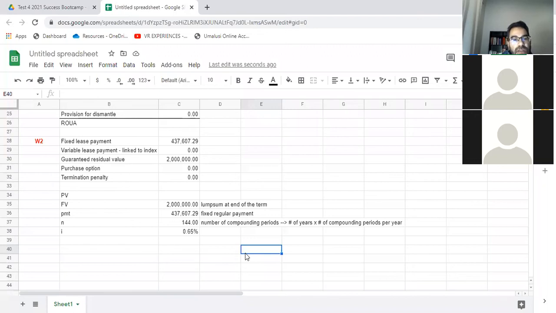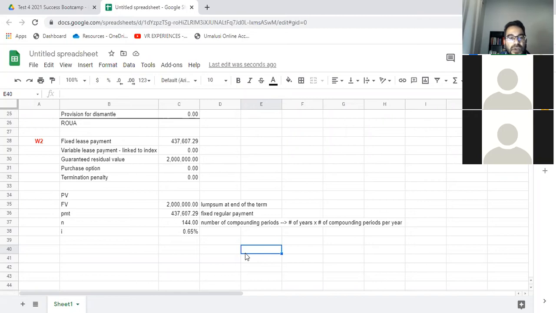Maybe before we move any further, let's do the practicals of that what-if analysis as we are doing this. So if we had a purchase option, would it increase the lump sum at the end?